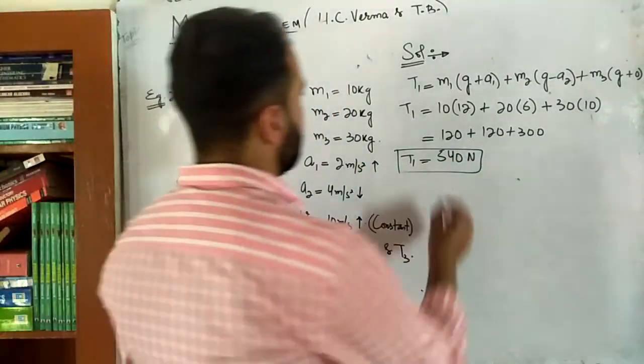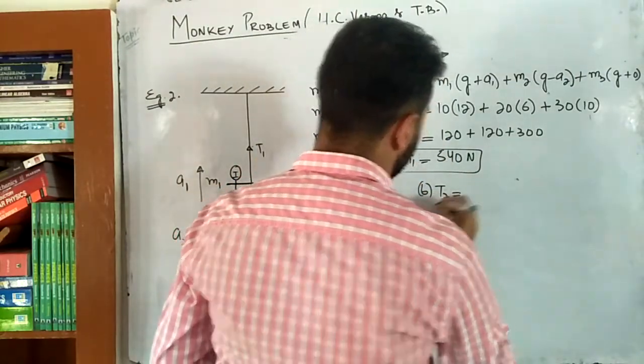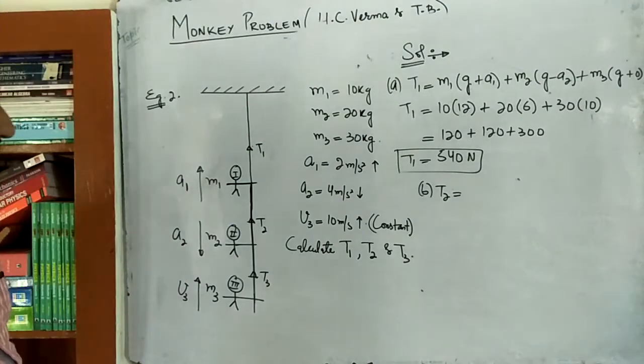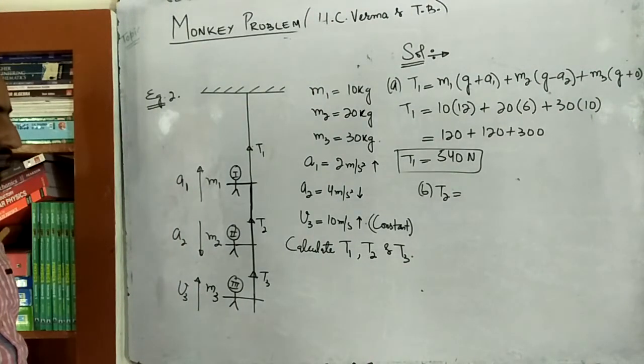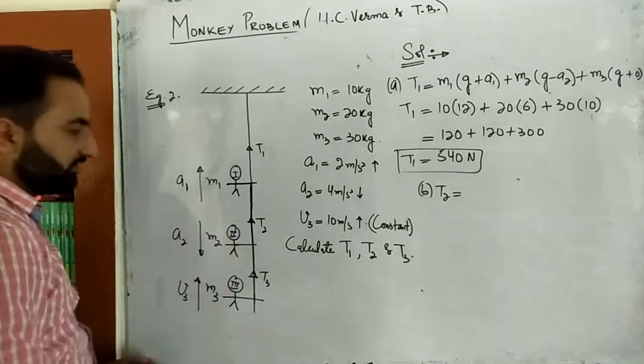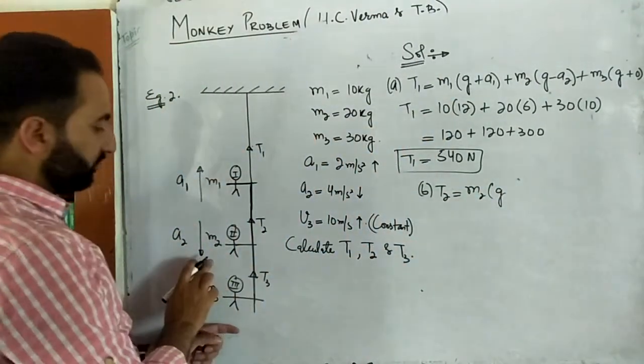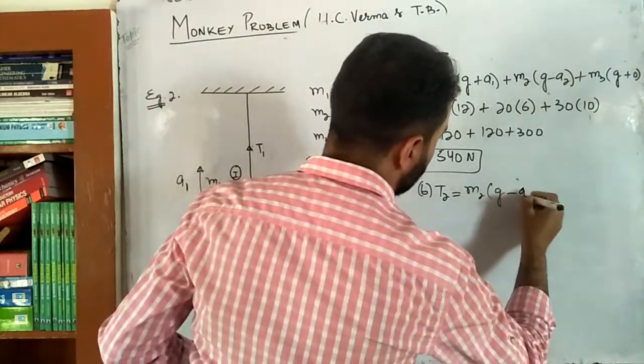Simple. Next we have to calculate, suppose this is part A, and in part B we are supposed to calculate tension T2. Tension T2 is contributed only by the second monkey and third monkey and not by the first monkey. Tension in this string is contributed by the masses below, so it's contributed by this mass and this mass. So I will write m2 multiplied by g, plus or minus: because this is going downwards, minus a2.